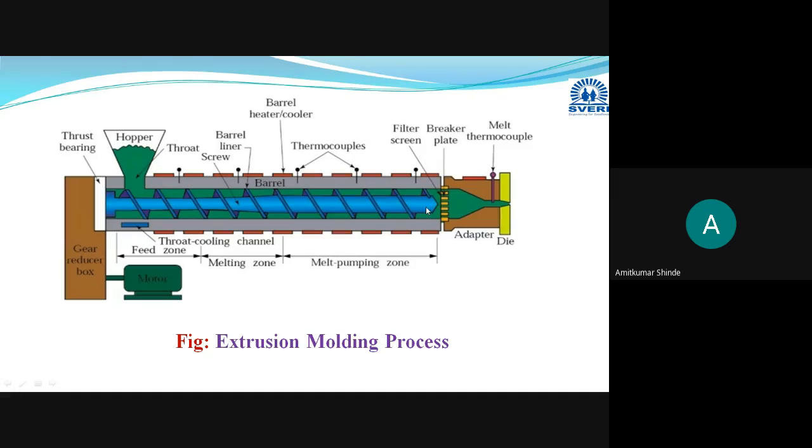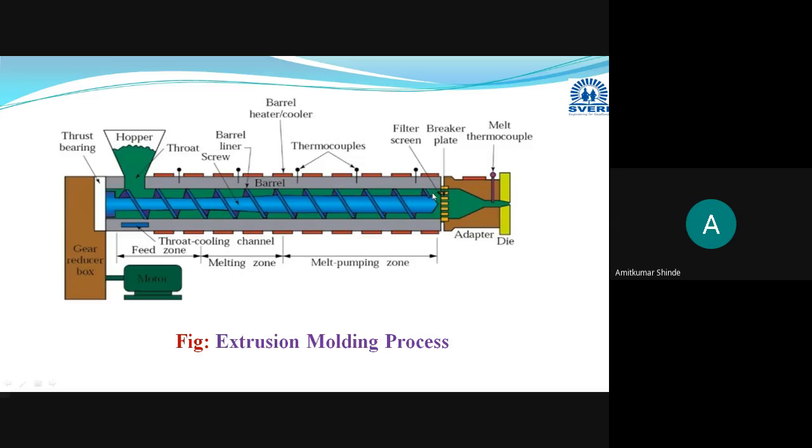Now at the end of this cylinder, one filter screen is there, and one breaker plate is there. Okay, two components are there, filter screen and breaker plate. What is the aim of providing this filter screen and breaker plate?